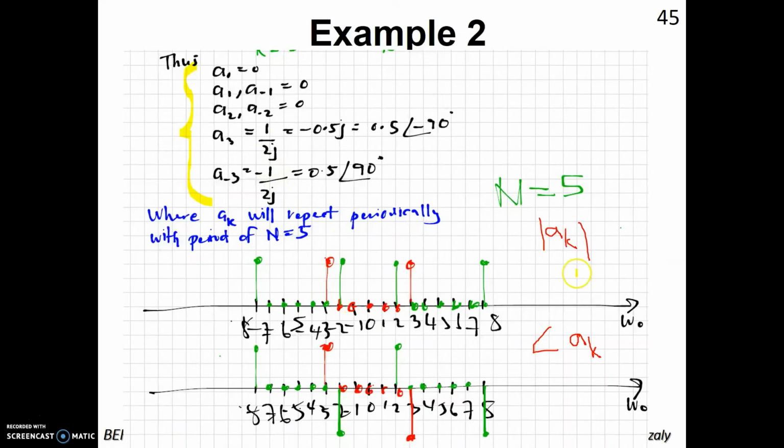Just look at the magnitude of a_k and the phase of a_k, and look at the graph plotted with red color.